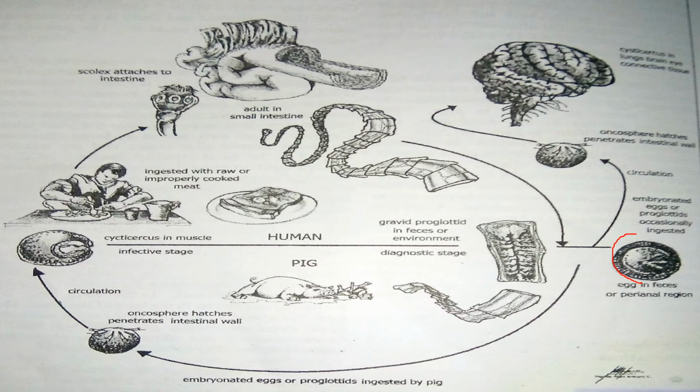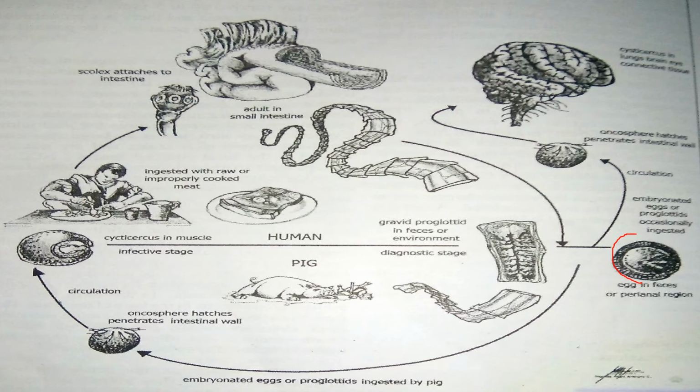Okay? In pigs, the development time is shorter, 7 to 9 weeks. The transmission is faster, guys, the development and infection are faster compared to T. saginata.